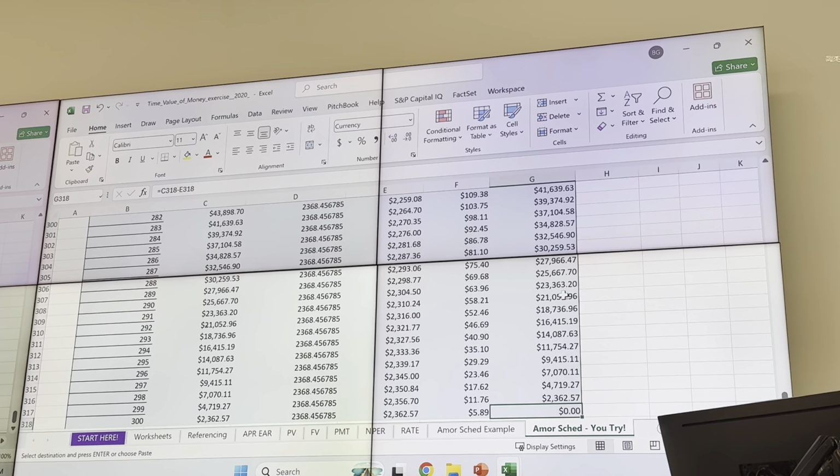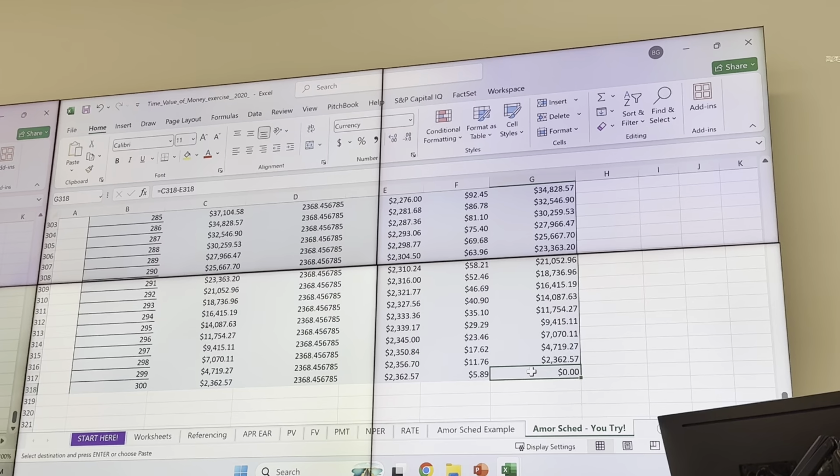Now remember one thing, your amortization calculation is correct if the ending balance at the bottom is 0. If you see this value to be any number, that means your calculation is wrong. And the main mistake happens if you don't do the cell referencing.